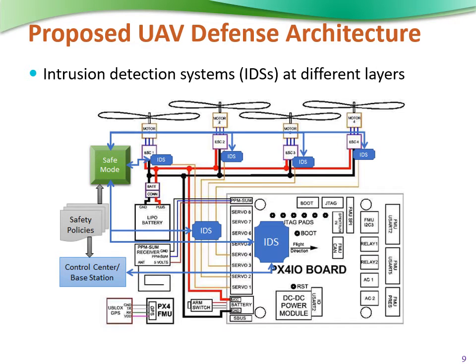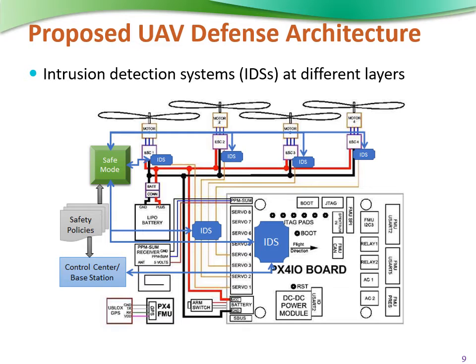As we have seen, a UAV can be attacked at different levels of the control, from the very top, the sensor data, down to the hardware Trojan. We propose three layers of intrusion detection systems to defend it from any potential intrusions.